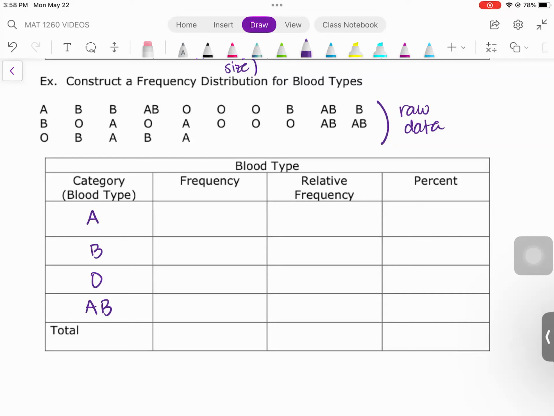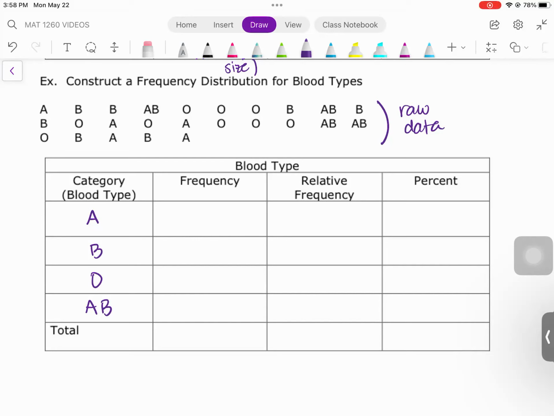For example, first, second, third, or freshman, sophomore, junior, senior. There's a set order that we would want to list those categories. But those are pretty obvious, and I think in a lot of cases we just tend to put them in that order anyway. But for something like blood types, there's no order to those different categories.